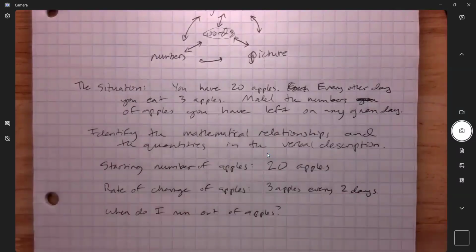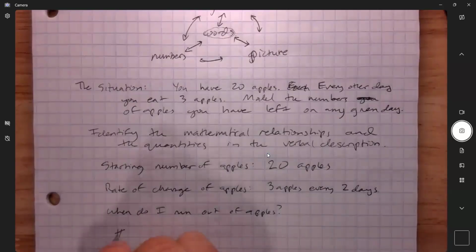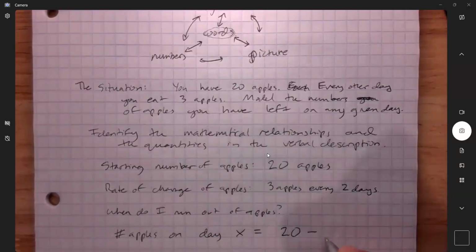So at this point, I could say, okay, the number of apples on day X should be, well, if X is 0, I'm going to start with 20. And every 2 days, I'm going to eat 3 apples. So let's see, how would that work?